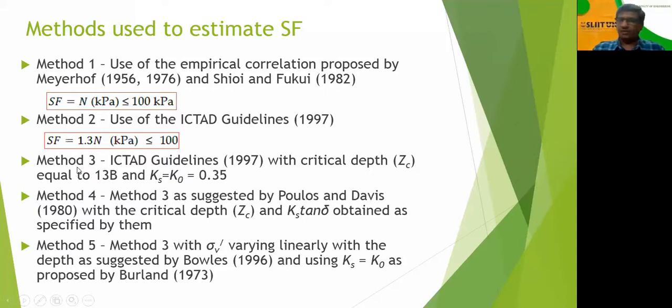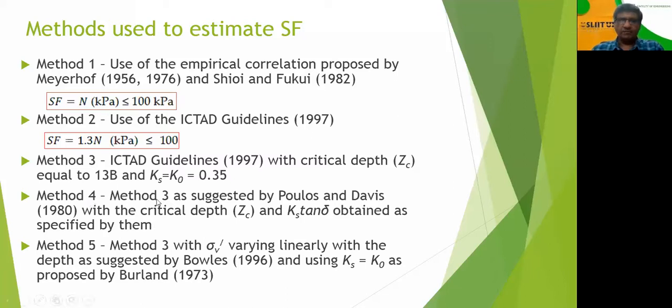Method 3 is the ICTAD guidelines again, with the critical depth concept. You take the critical depth as 13 times the pile width, and Ks is given as K naught, which we say is equal to 0.35, determined based on the phi value from the SPT testing.